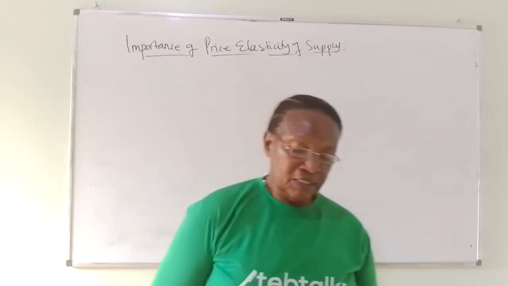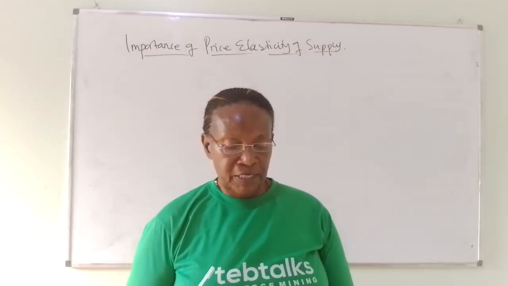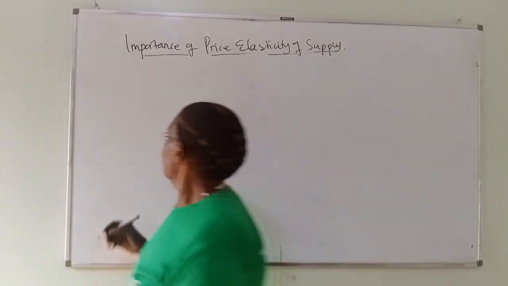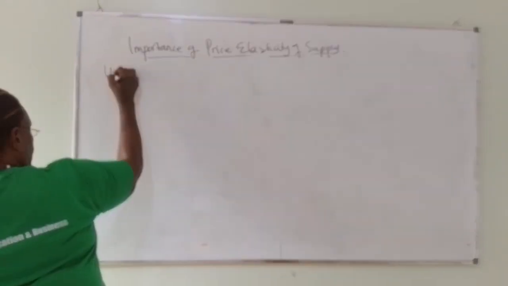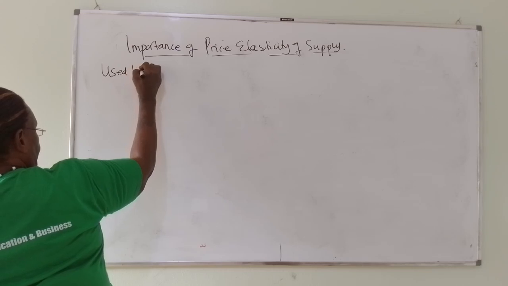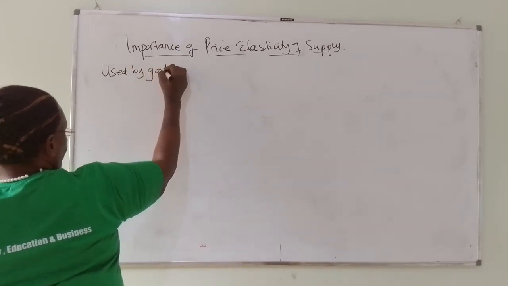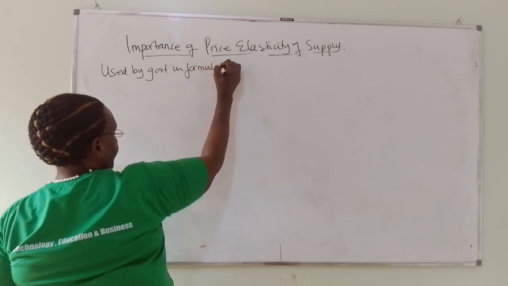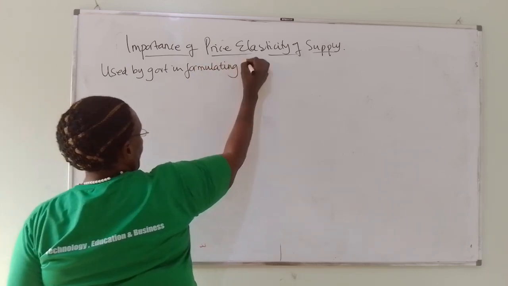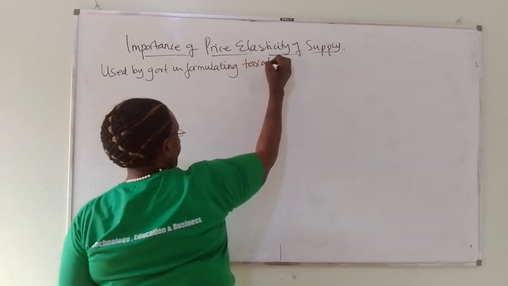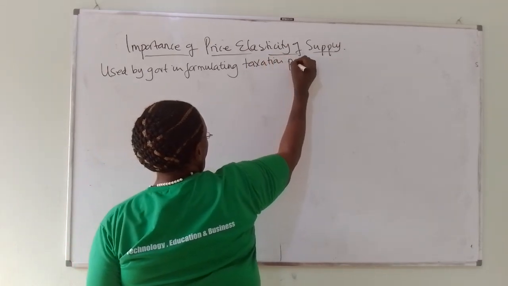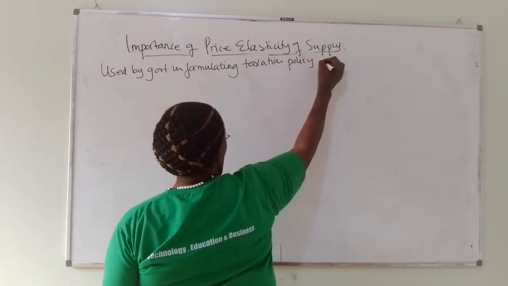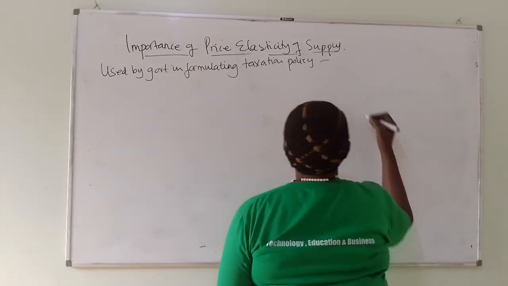The first importance is that it is used by government in formulating taxation policy. How?